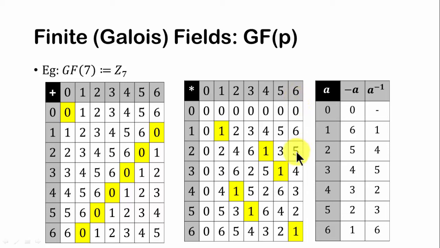So you simply perform the mod 7 operation, and you will get these tables. If you look at this table, this represents the additive inverse and the multiplicative inverse of the values. So the additive inverse of 0 is 0, and the multiplicative inverse of 0 is not possible. For 1 it is 6. You can check from these tables and fill this out.